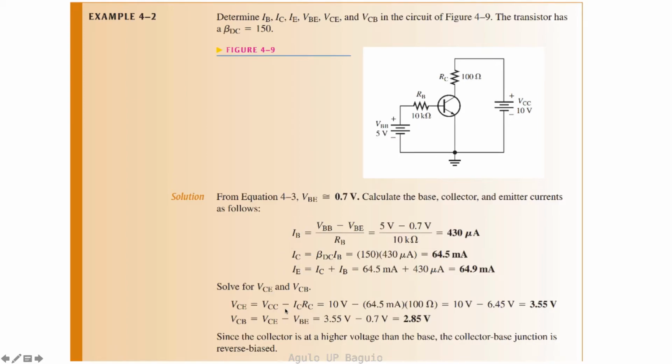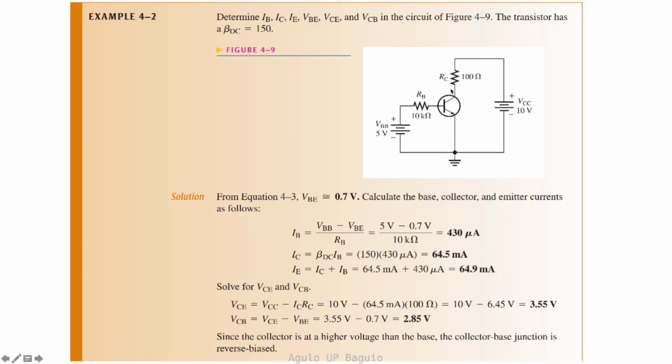So VCC minus ICRC is equal to VCE, or 10 volts minus IC, which is 64.5 milliamperes, times RC, which is 100 ohms, is equal to 3.55 volts. So the potential from this point to this point is 3.55 volts.